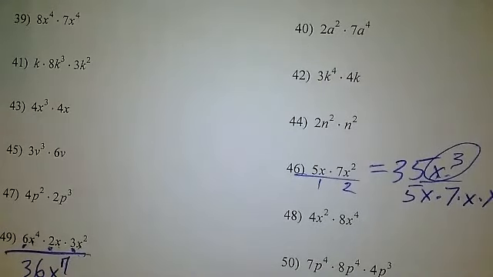So remember that when you look at these, okay? Let's look at number 50 because that's kind of the same way, right? So first you're gonna deal with the coefficients, the numbers in front. So literally you're gonna say 7 times 8 times 4. That's gonna be the number that's in front of this new term, right? Does that make sense?